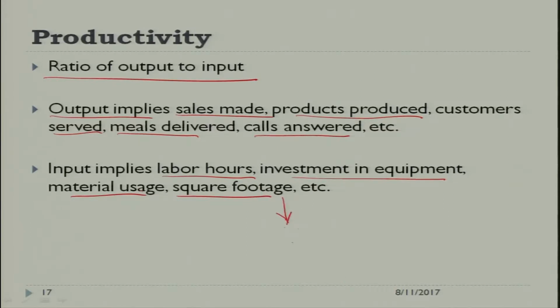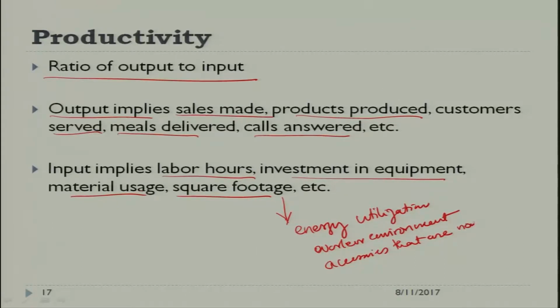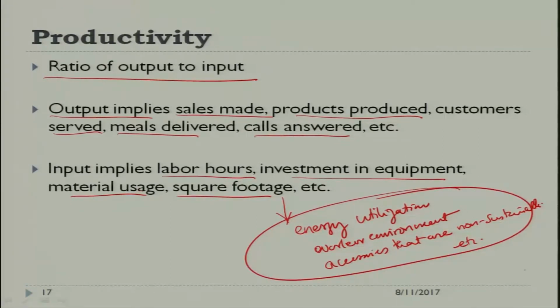One of the inputs that is important in this will be energy utilization. We will also look into worker environment. There will also be things like accessories that are non-sustainable, etc. So, there are other aspects we will be considering as part of input or output, where we will be quantifying, so that productivity and sustainability can be measured.